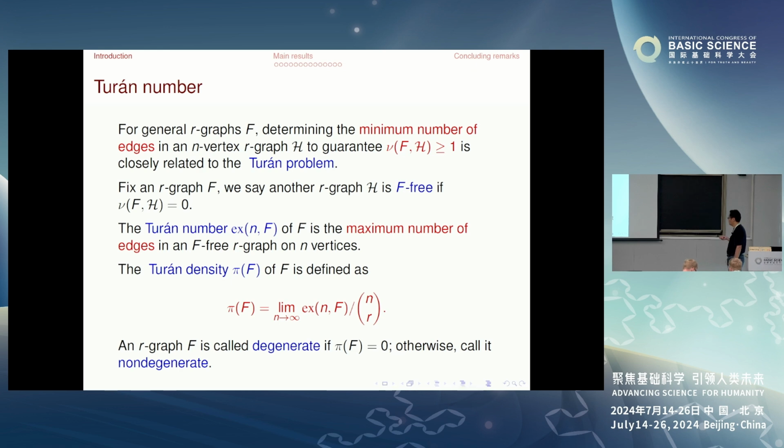Another notation is the Turán density, denoted by pi(F), which is the limit of ex(n, F) over n choose r, as n tends to infinity. Actually, pi(F) denotes the main term of the Turán number, and the r-graph F is called degenerate if pi(F) is 0. Otherwise, we call it non-degenerate.